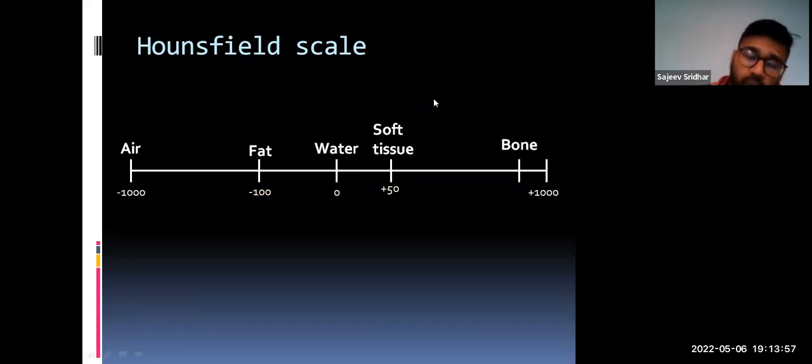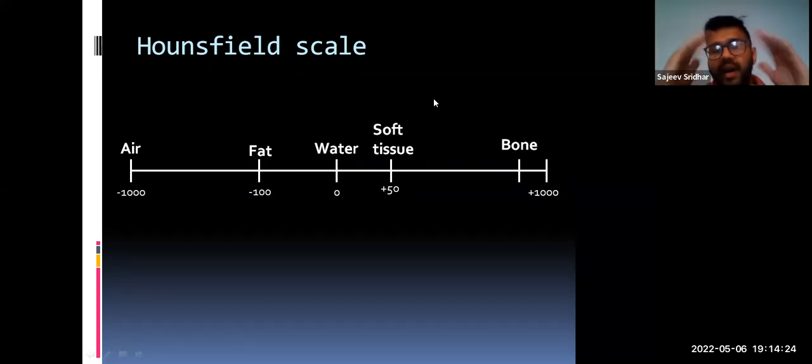Like I said before, in the brain we are only dealing with the range between water and +1000. We're not expected to find any air or any pure fatty substance. Yes, there is white matter, composed of myelinated axons, which are predominantly fat but mixed in with other structures, so overall their Hounsfield unit is actually quite a bit higher than water.